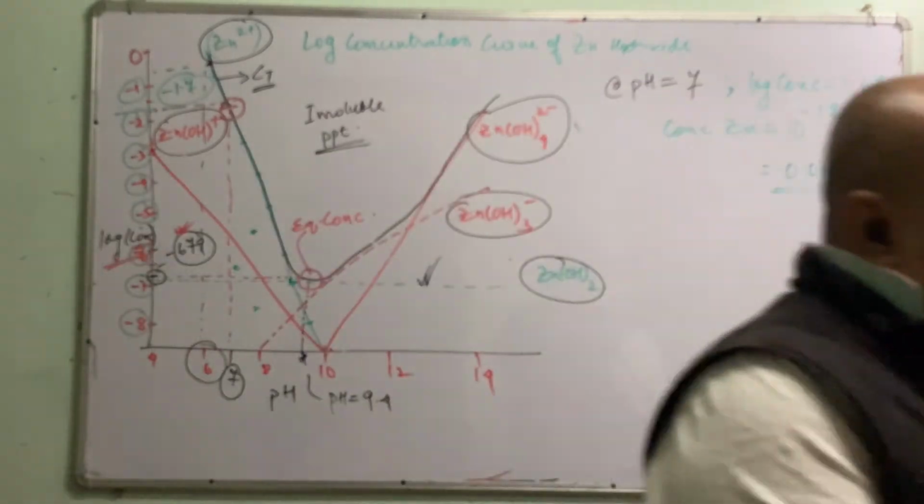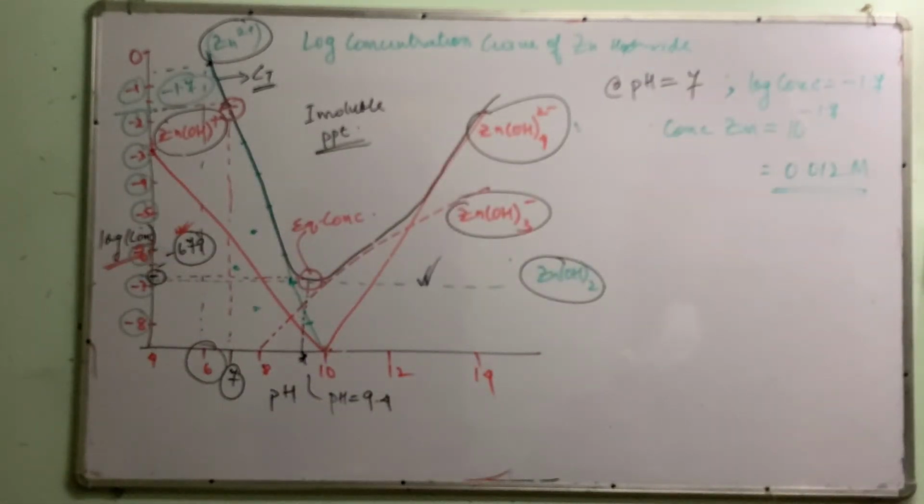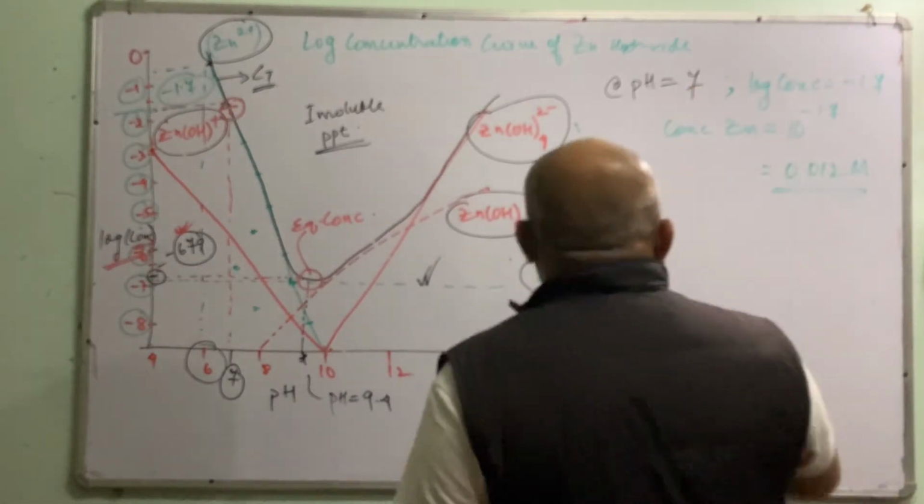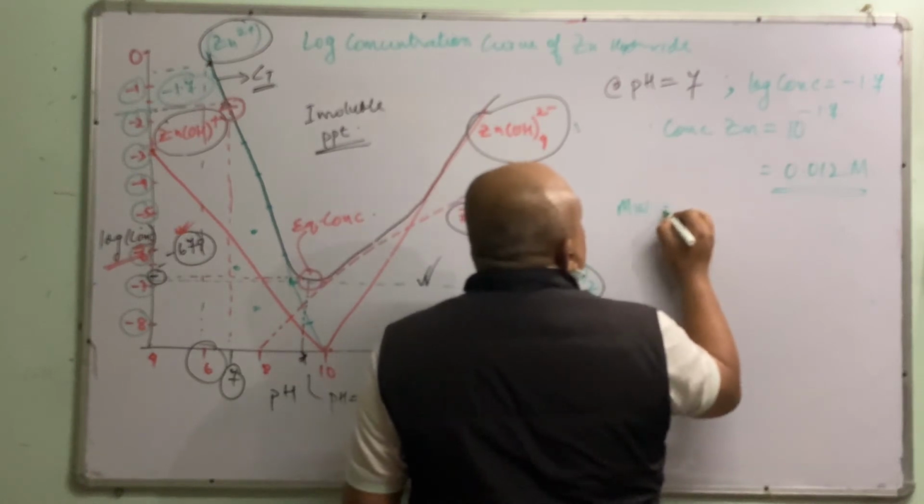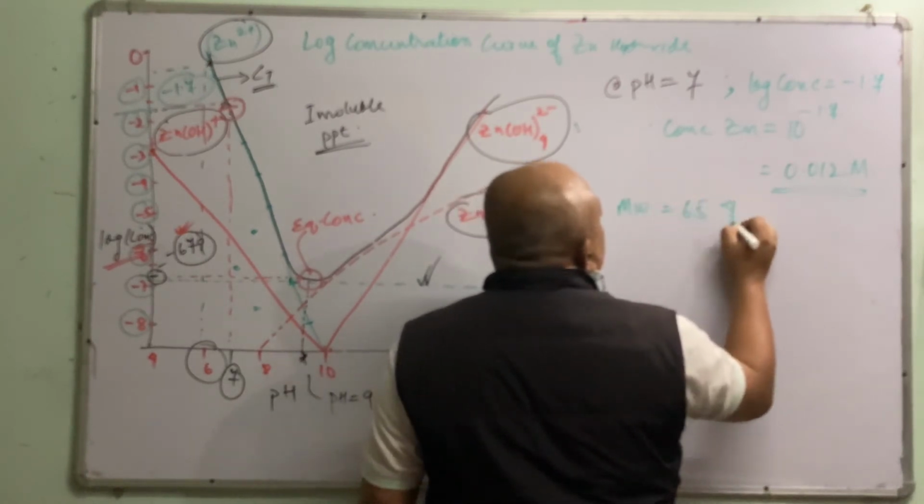And if you try to find the molecular weight of zinc, the molecular weight is equal to 65.4.